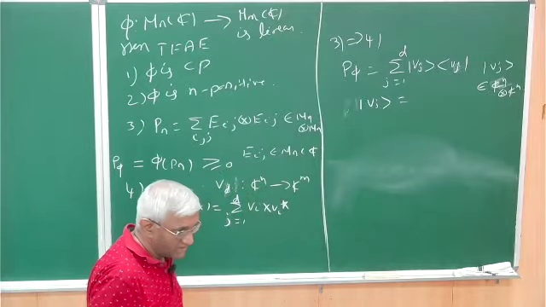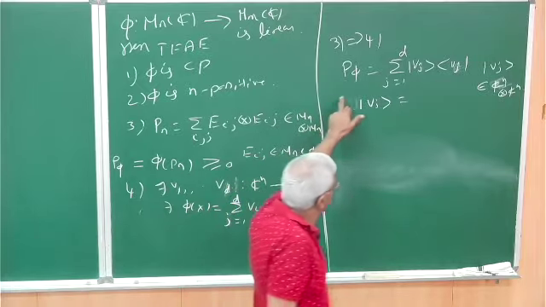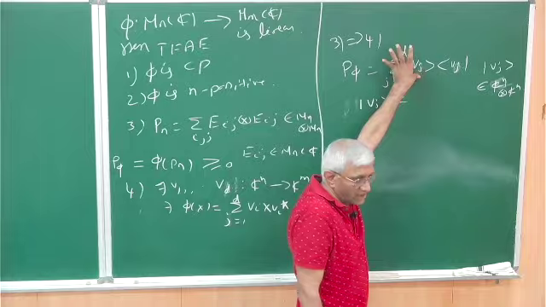Any positive matrix is going to be in this form, which follows from the spectral theorem.